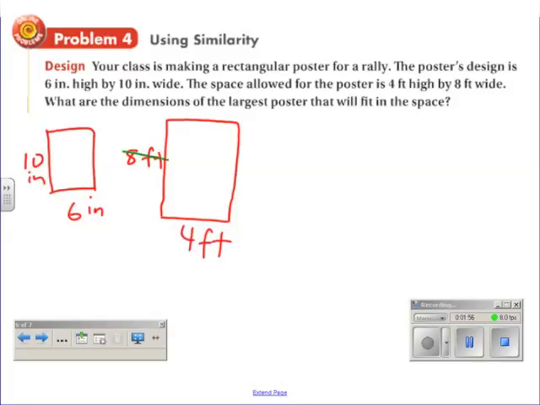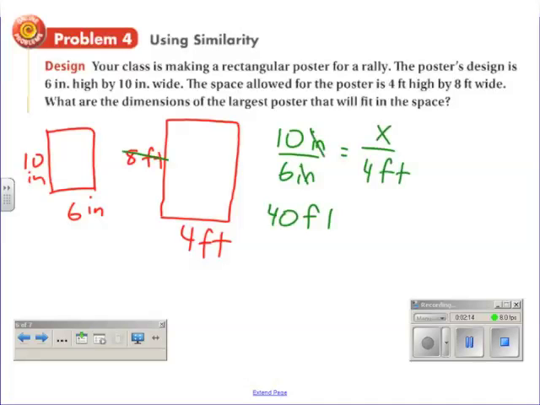So setting up my proportion again, 10 inches is to 6 inches as some unknown measurement is to 4 feet. Again, my inches will cancel. When I cross multiply the 10 and the 4 feet, I end up with 40 feet equals 6x.